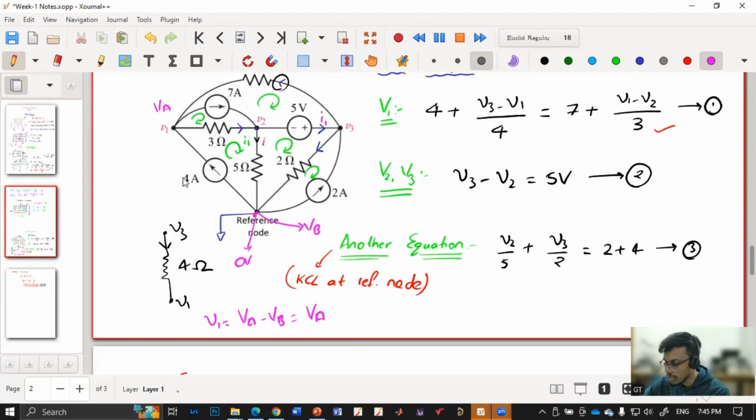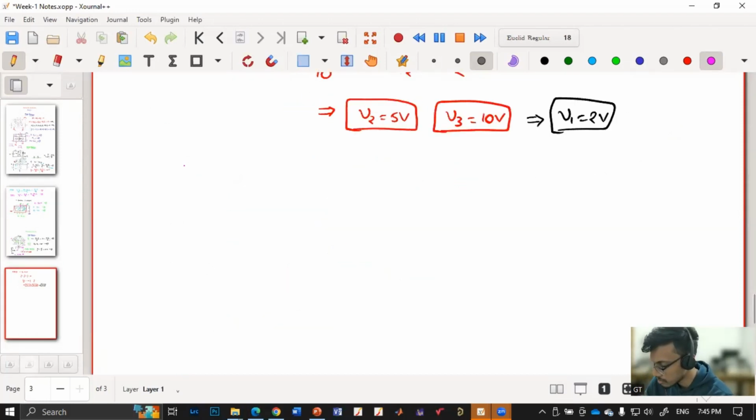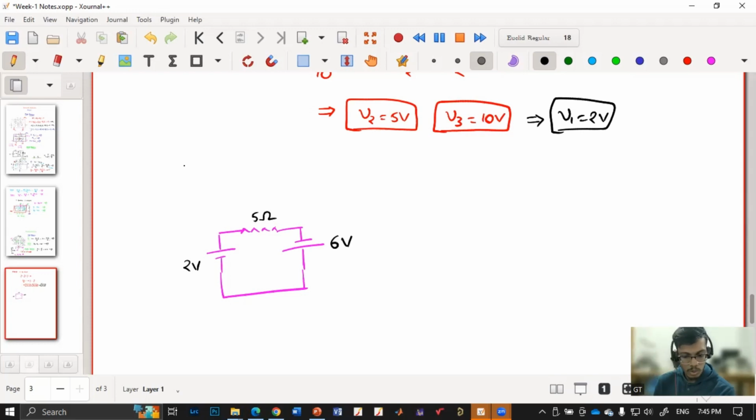Or okay, let me just take a quick example. Say this is 2 volt, this is 5 ohms, and this is 6 volt. So I'll take two parts in this question. The first part being this is ground.